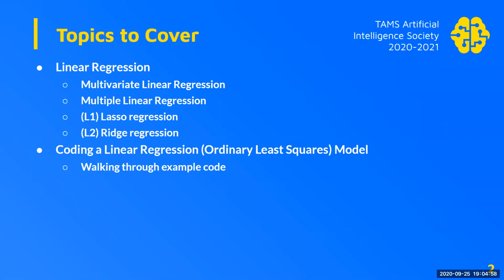Yes, like you said, we're just going over linear regression. Specifically, we're going to go over these 4 topics: multivariate, multiple linear regression, and then 2 types of regularization, I think, L1 and L2. Unless I said that wrong. After that, we're going to code a type of linear regression model, ordinary least squares, and go through the code.